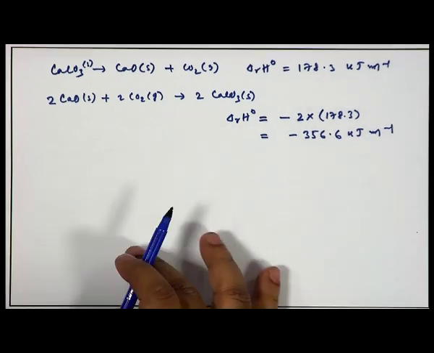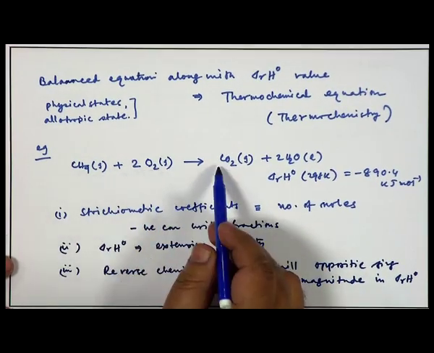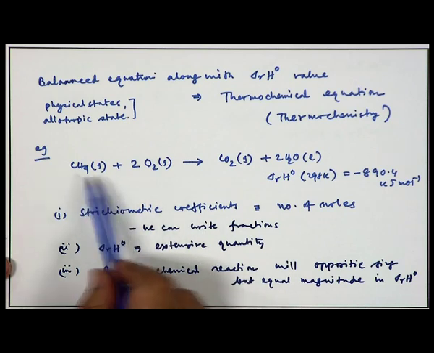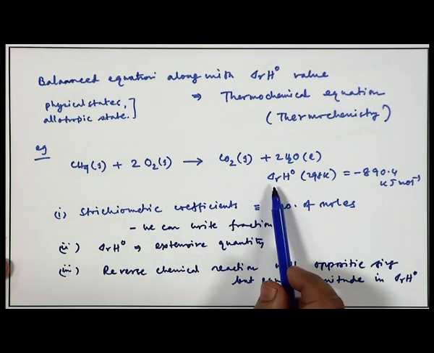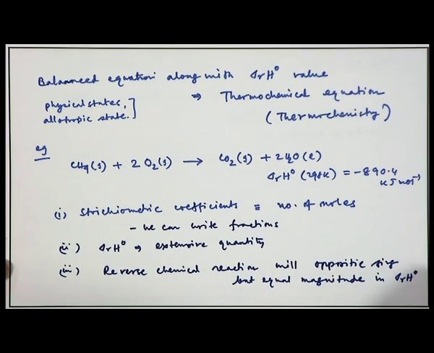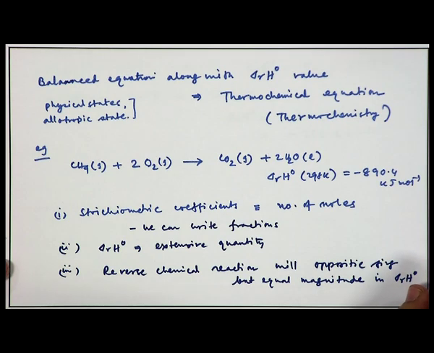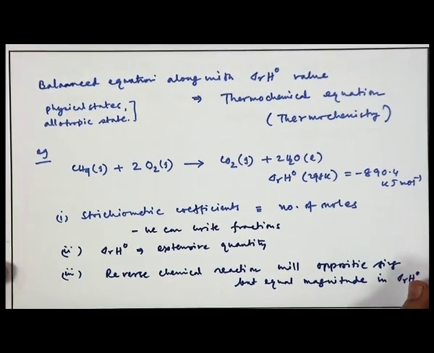So, these are the three things you must remember. Again, these are stoichiometric coefficients, they represent moles of the reactants and products. Then delta HR, the standard enthalpy of reaction, is an extensive quantity, and the reverse chemical reaction will have opposite sign but of equal magnitude.